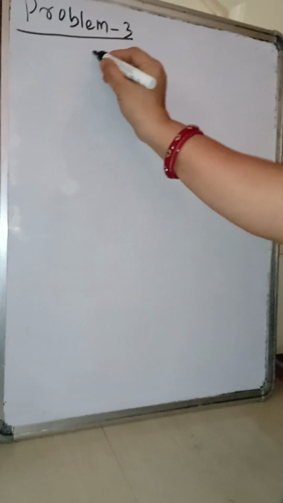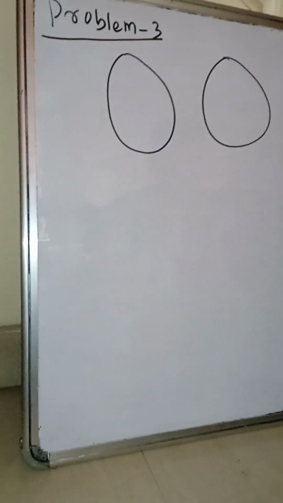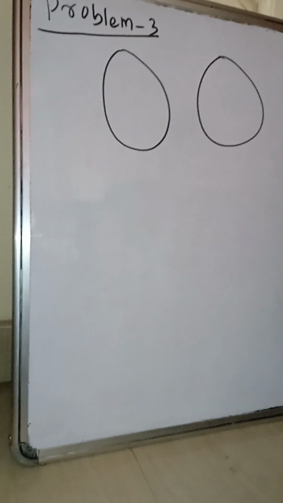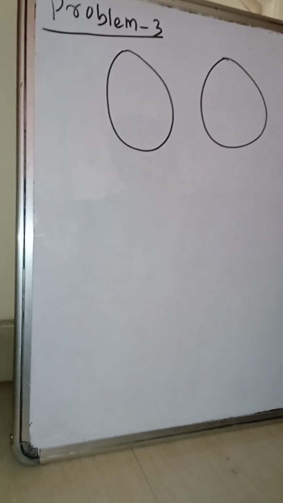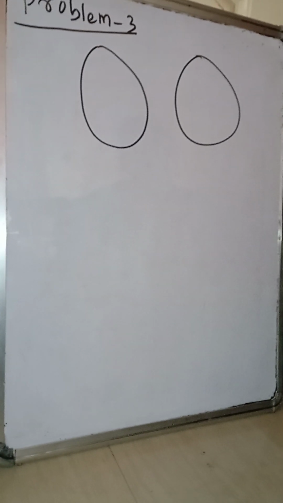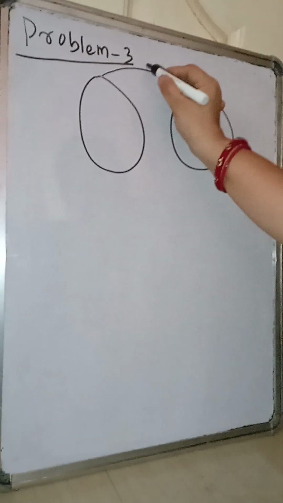We discussed previously that one relation can be described algebraically by roster form, set builder form, and also graphically. So here one problem is given. The relation is defined graphically.